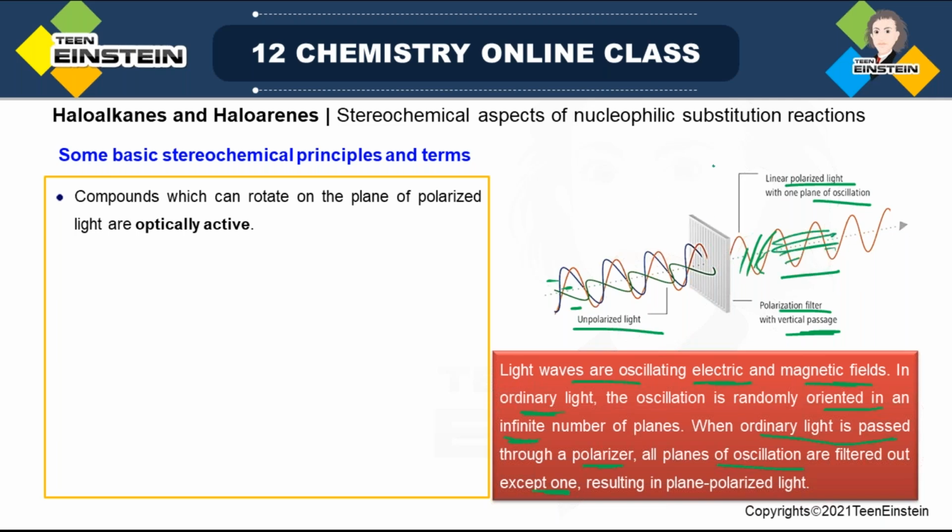Okay. So right now we know the difference between plane polarized light and unpolarized light. Now we will see how we get an optically active compound.